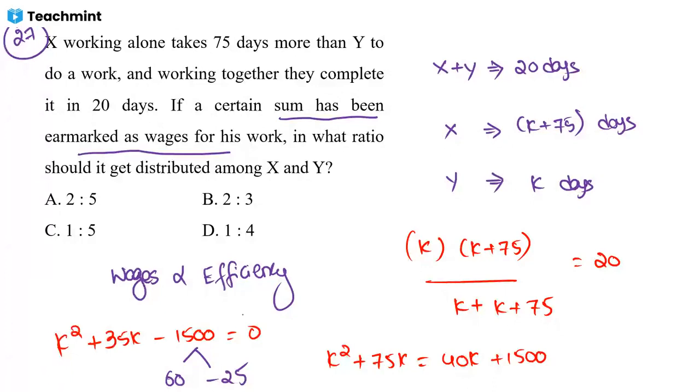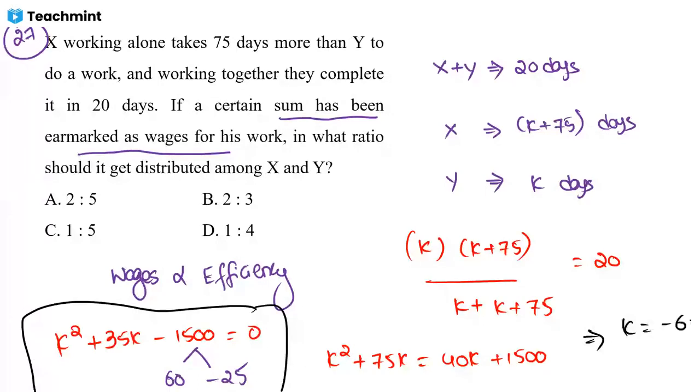Now see, one shortcut regarding quadratic equations: without going for the next step, I can directly say that when you have plus 60, K is minus 60, and when you have minus 25, we get K as plus 25.